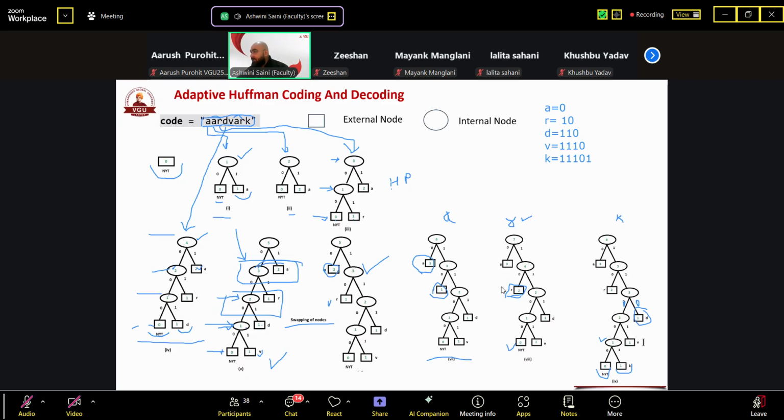V is here. So we have a value starting from the root node. We have 1, 1, 1, and 1. Okay, I made a mistake. So we have the value 1, 1, 1, 1.